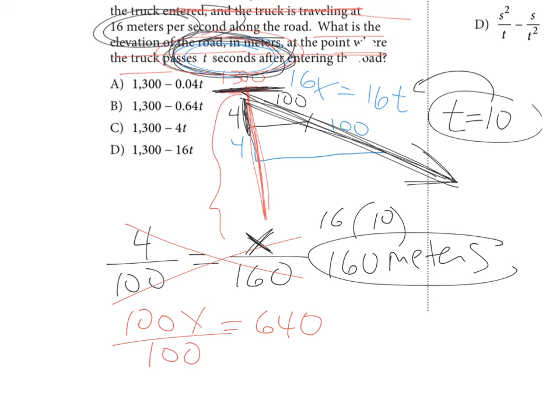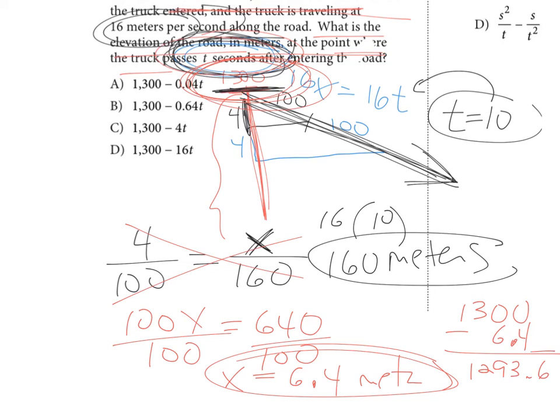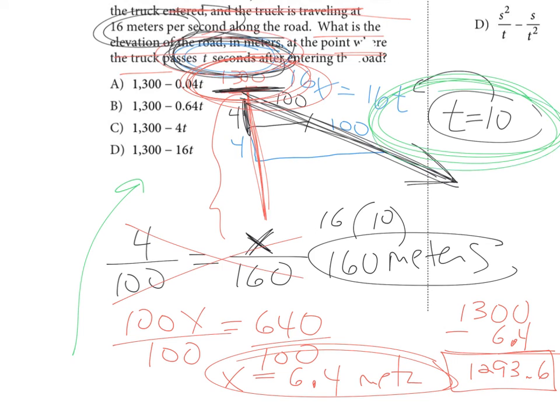So that means x, the number of meters dropped, is 6.4 meters dropped. So the truck started off at 1,300 meters. It dropped 6.4 meters, which means the truck's elevation is 1,293.6 meters.